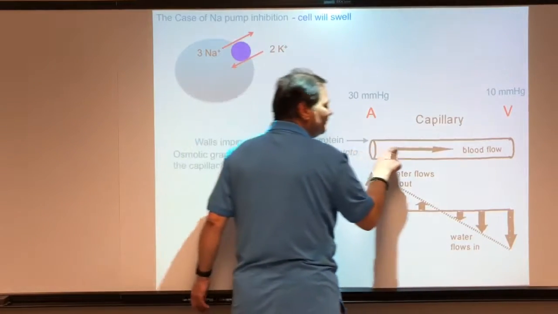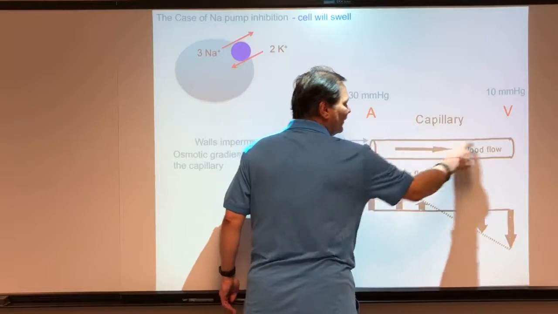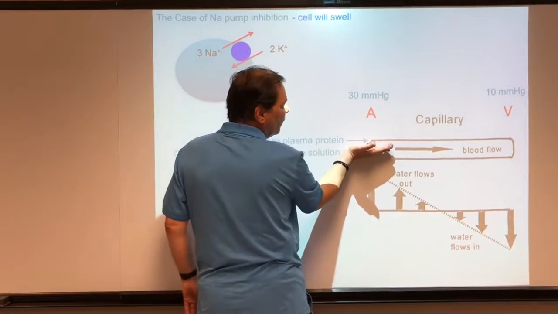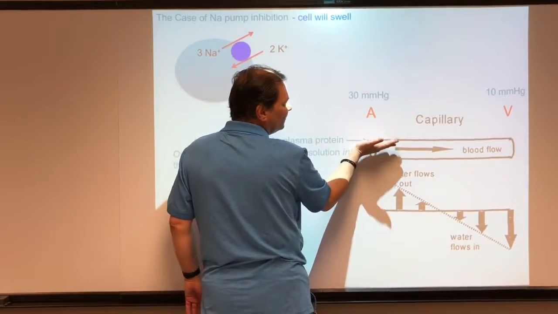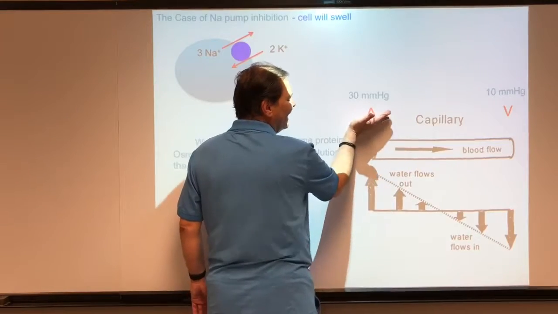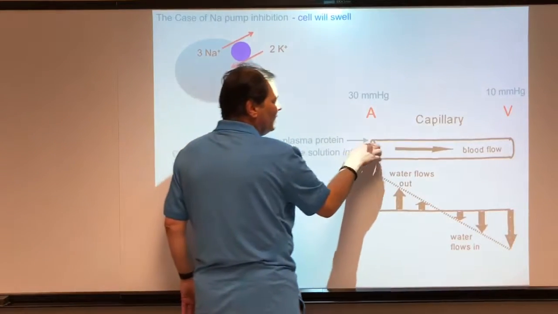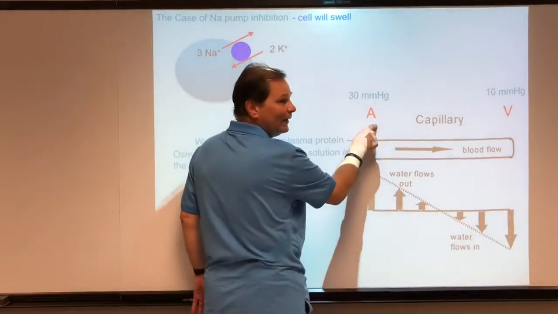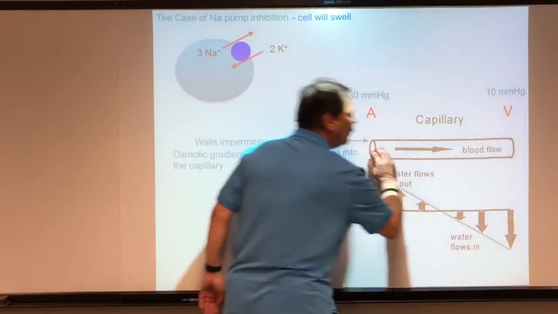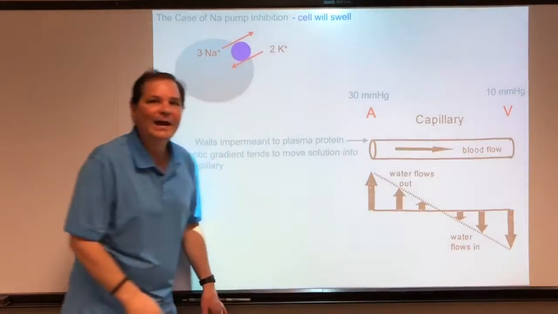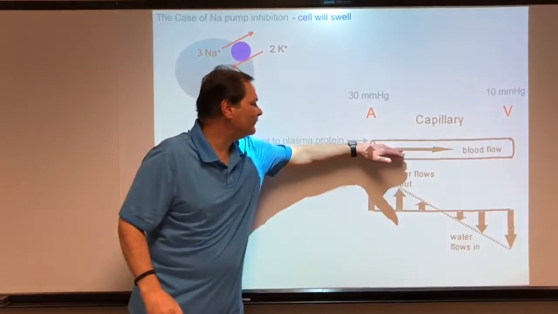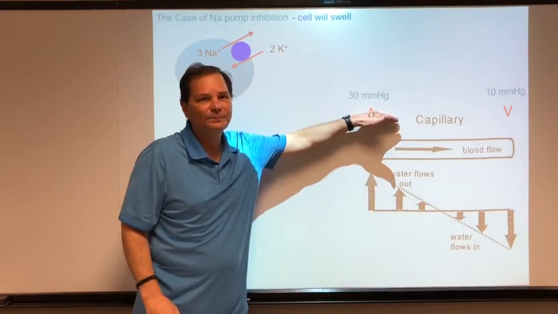So not only is blood flowing from arterial side to venous side, water is also flowing from the inside of the capillary to the outside of the capillary into the tissue. Because the pressure is high here and low here, it flows across the wall as well as down along the capillary. And we call this movement from here to here filtration.